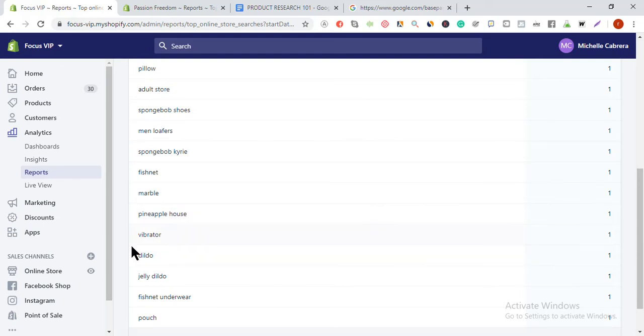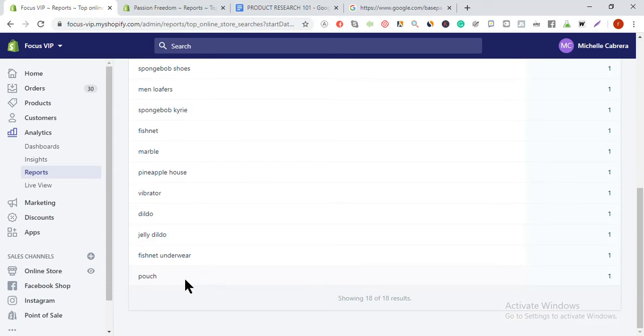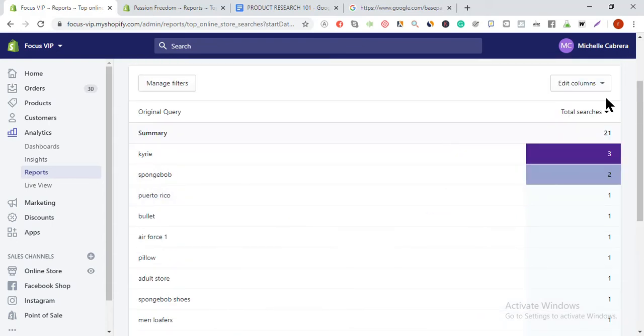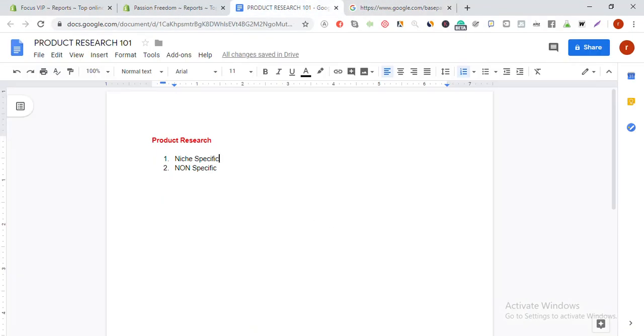Marble, Pineapple House, and adult stuff as well. Fishnet underwear pouch. Those are just samples. You might wonder why the searches are so low. These are brand new stores, so I'm working for these clients. That's the reason why the data is very low. So let's go back to our sheet.